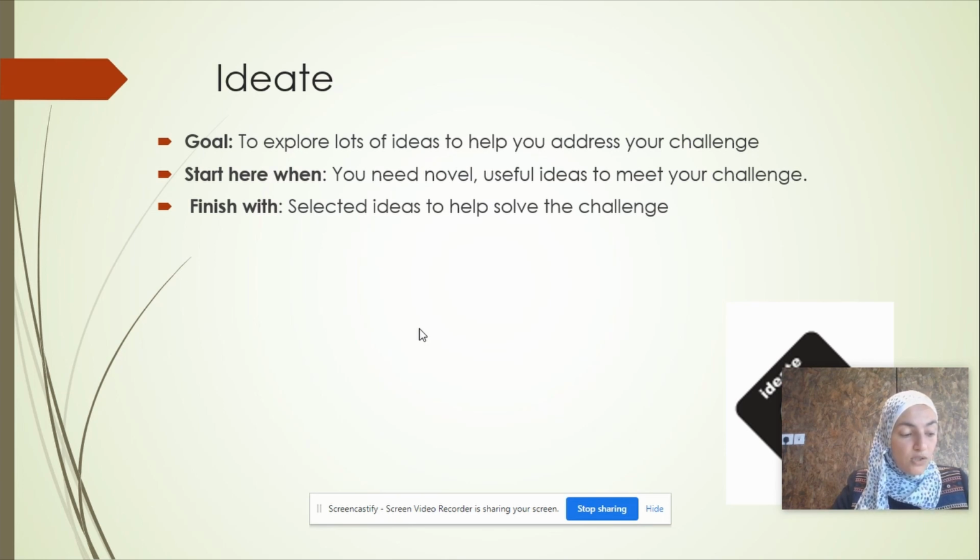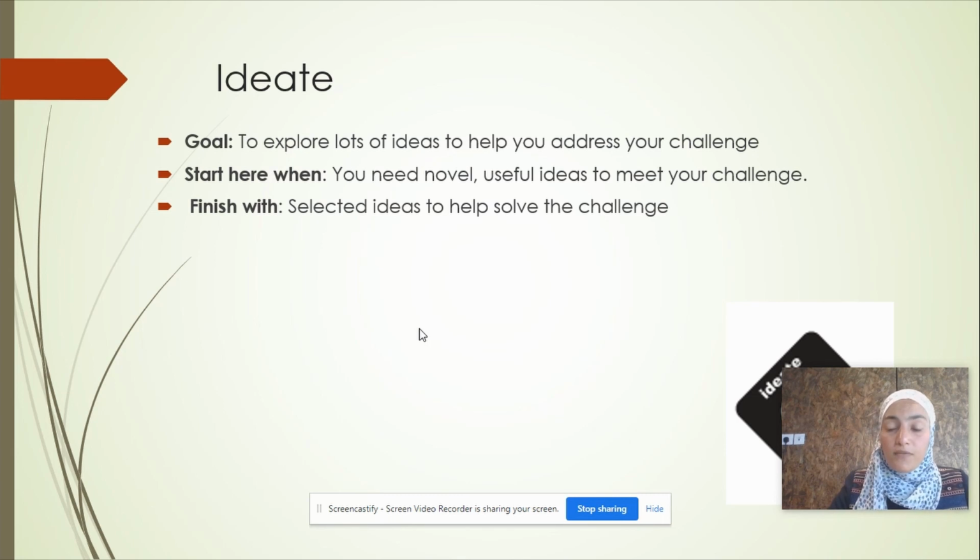Pick an issue, image or objective and ask yourself, when I look at this, what ideas do I get for solving my challenge, which is the first connection we already discussed before, and you can build on other ideas. So ideate, the goal of this step is to explore lots of ideas to help you address your challenge. When you start, you need novel, useful ideas to meet your challenge.